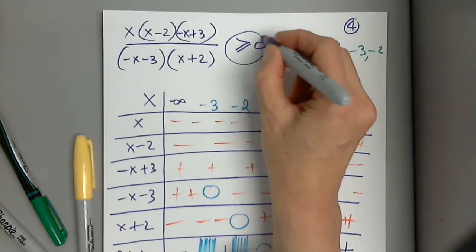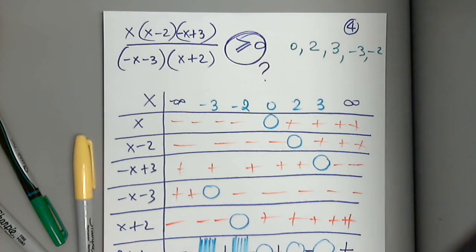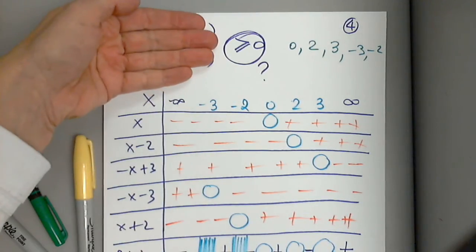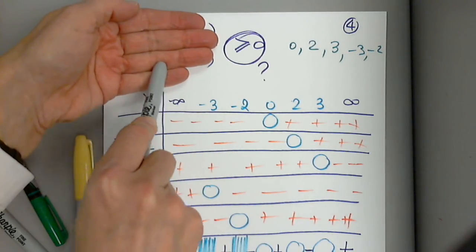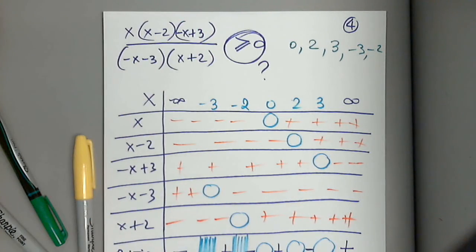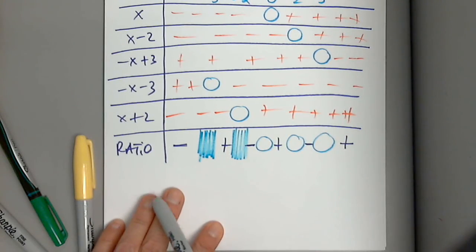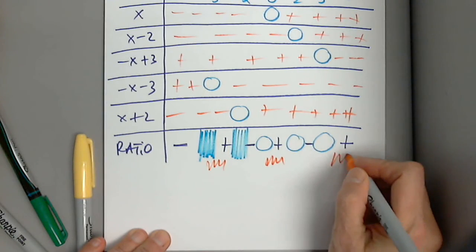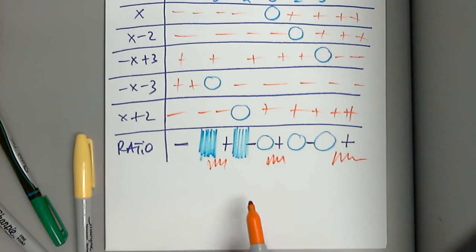Okay, now I'm asking myself, what does this say to me? What do I have to pick? What sign do I want this to have? This whole thing, the ratio. Is the ratio ever positive? Yes, it's positive here, and here, and here. But I don't care about that.